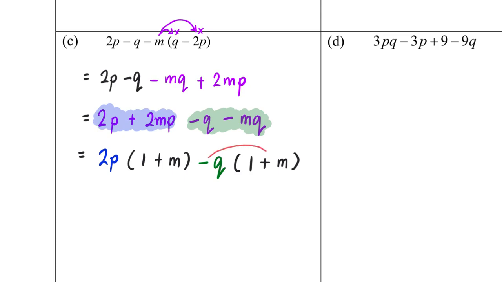Because if I were to expand out and simplify, I will get back my negative mq. And from here, 1 plus m is the common factor, and I'm left with 2p minus q.